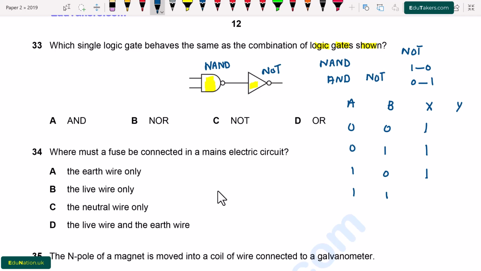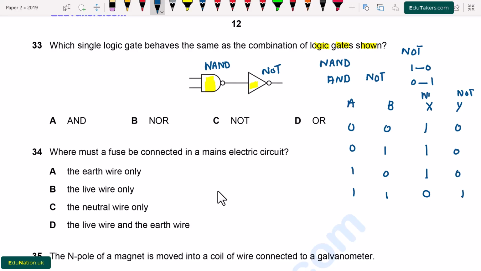And for the last combination, when the inputs are 1, 1, then the output of the AND gate should be 1. And for the NAND gate it should be 0 because the AND gate only gives output high when both of the inputs are high, otherwise the output is low. And when I have to apply NOT over it, then here should be 0, 0, 0 and 1.